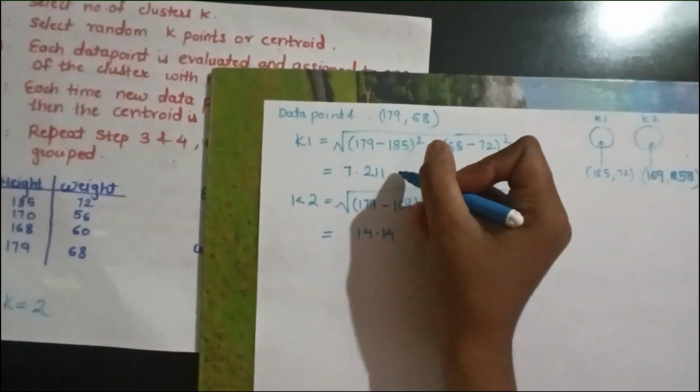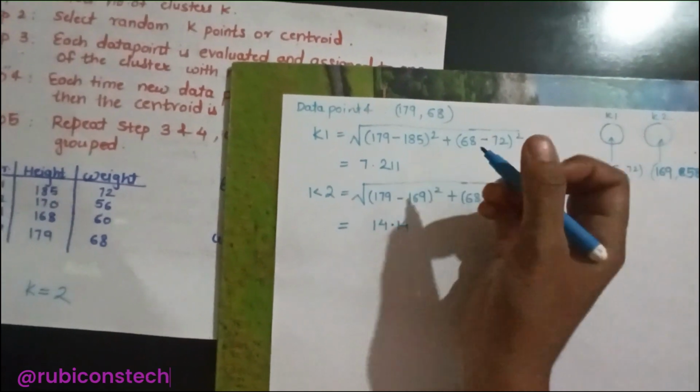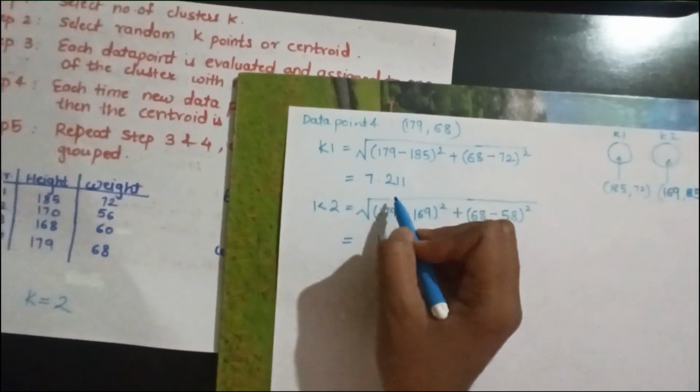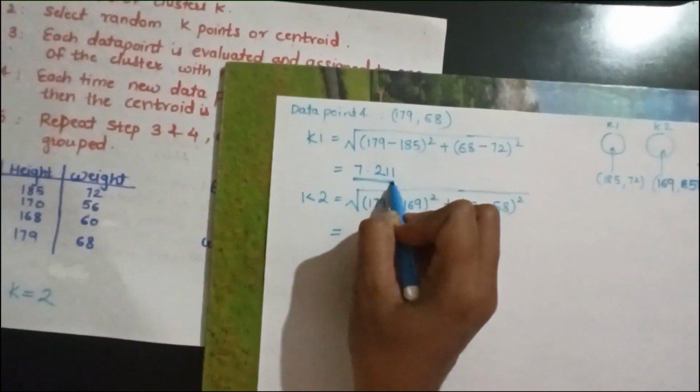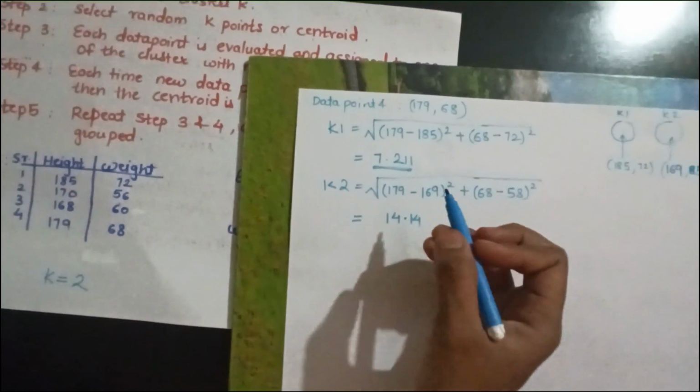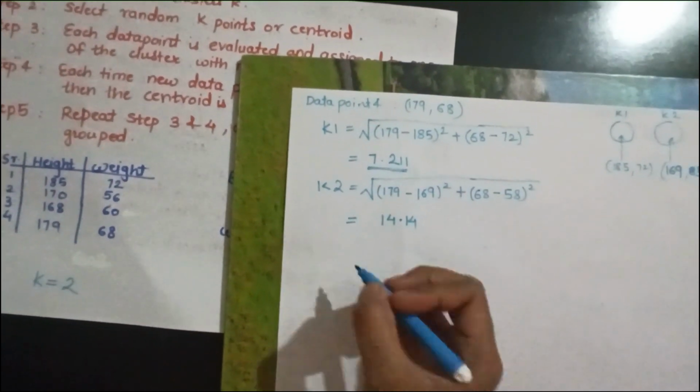On the comparison of K1 and K2 clusters, the distance between data point 4 and cluster K1 is minimum. So now we will add data point 4 to our cluster K1 as the distance is minimum, that is 7.211.